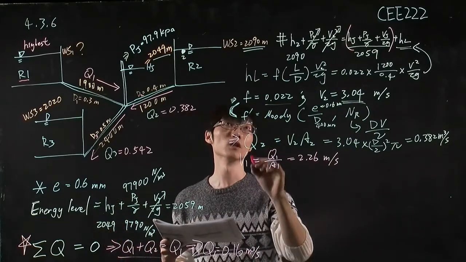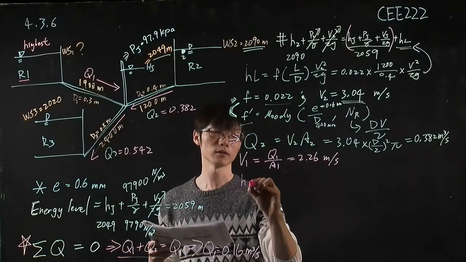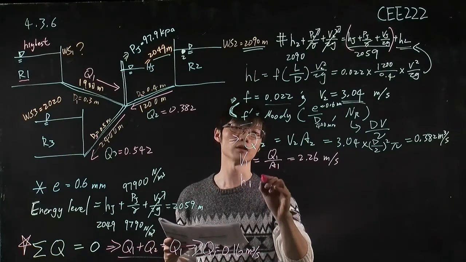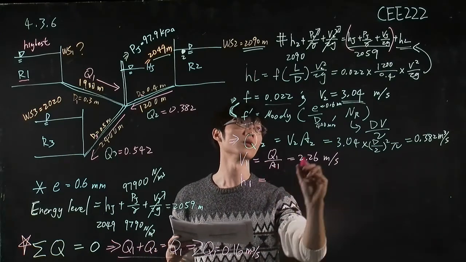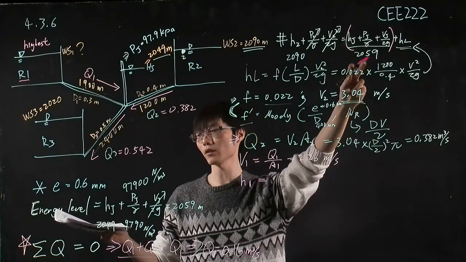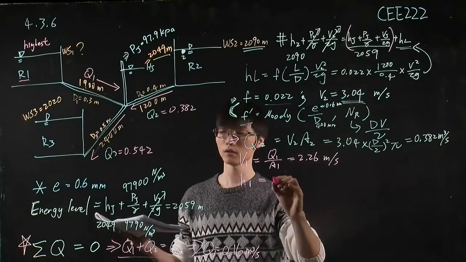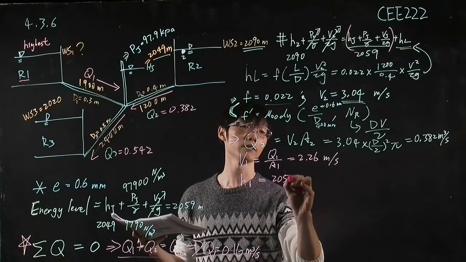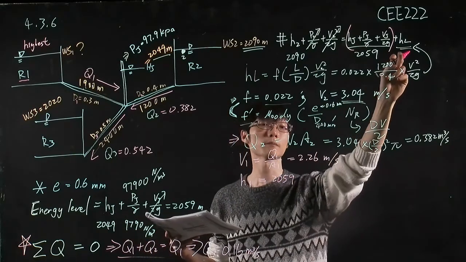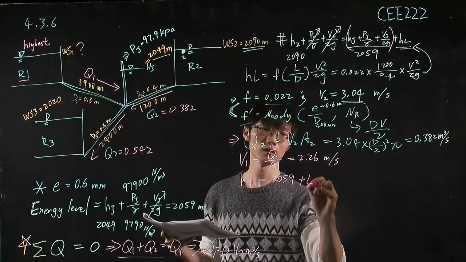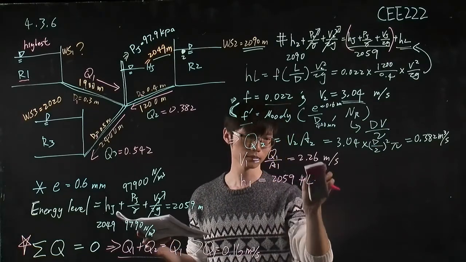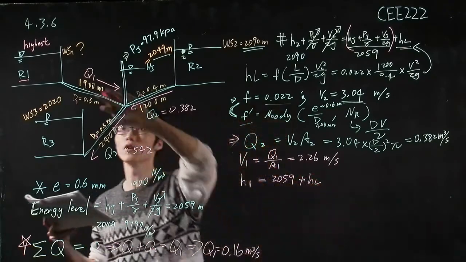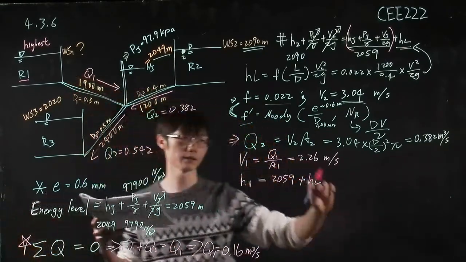So I can just write down that H1 plus 0 will equal the energy level that we calculated for the junction, 2059, plus the head loss for this part of the pipeline.